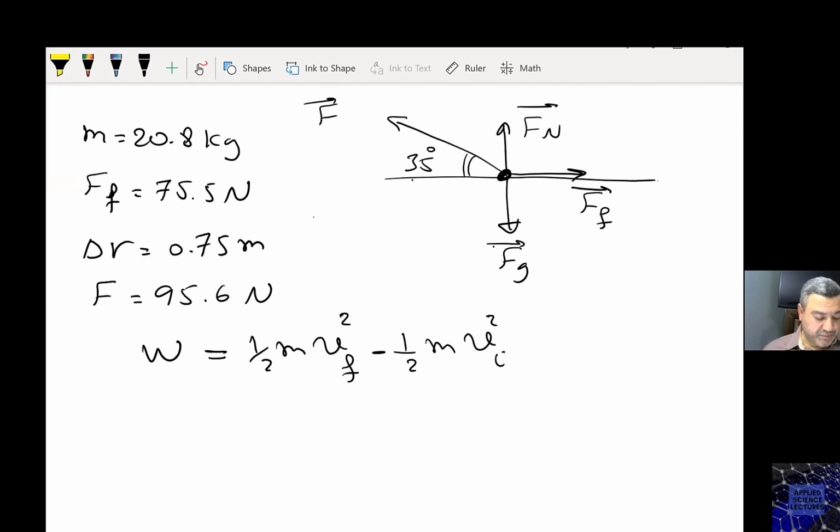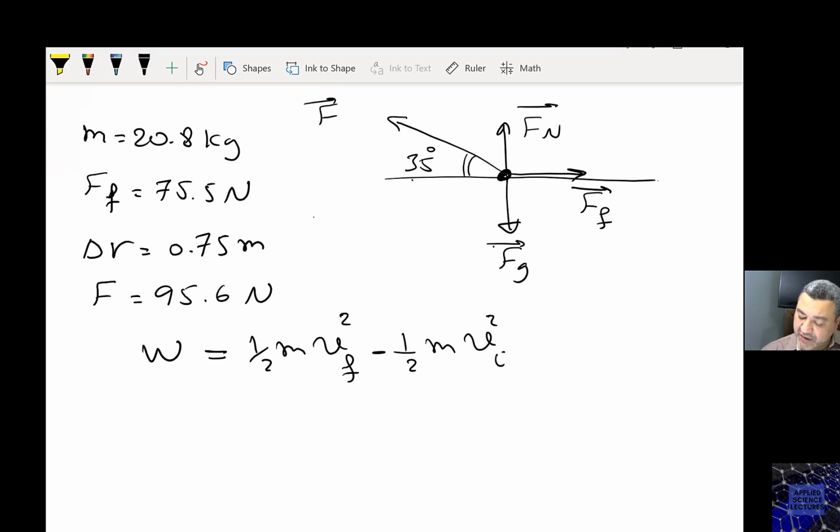So in this case, for W we look at the work that has been done by the net force, or by the contribution of those forces. We know that Fg and Fn are perpendicular and not going to contribute.